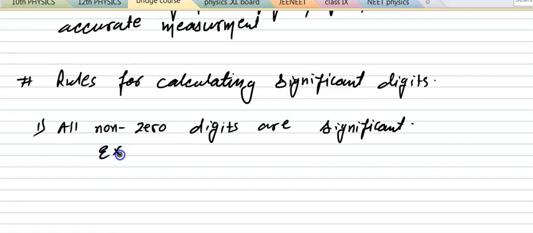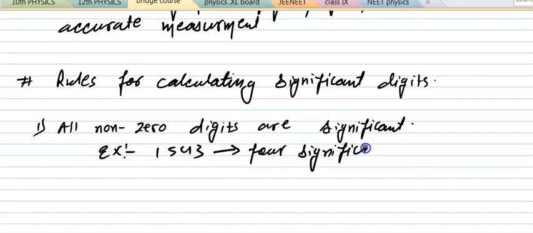Just take an example. If we are talking about non-zeros, 1 to 9, all the digits are significant. So in 1543, how many significant digits do we have? 1, 2, 3, 4. We can say that over here there are 4 significant digits, right?